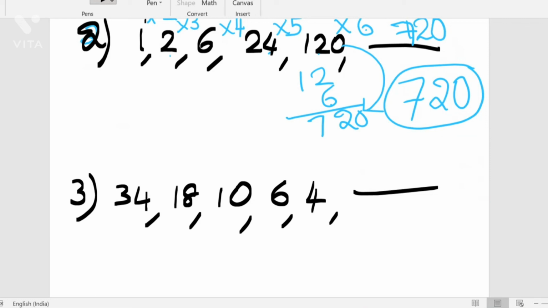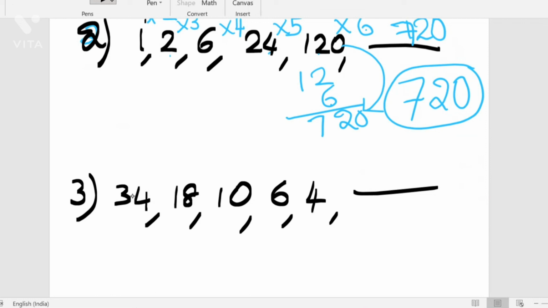Okay, shall we try now? 34 to 18, is there any relation? No. But to 17 there is a relation: 34 by 2 makes 17, right?